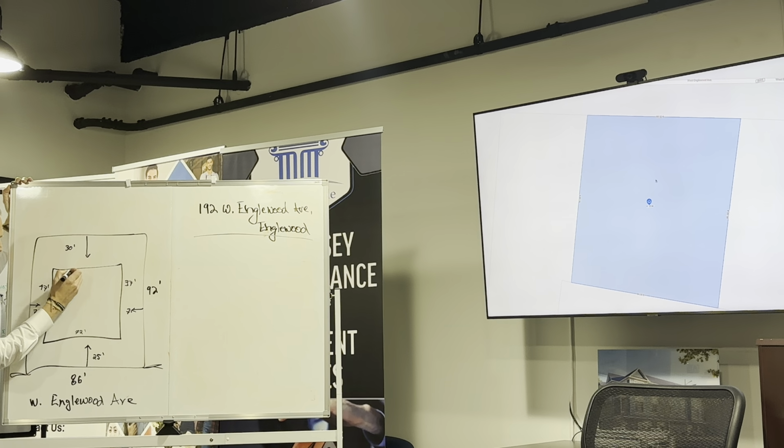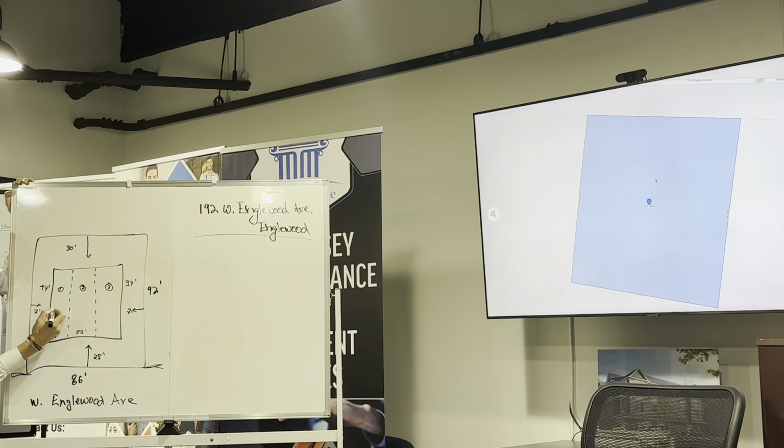So now we have lot 1, 2, 3, and we have our setbacks for our buy box. We now know that these are roughly 24 feet by 37. So do 24 by 37, Adam, please.